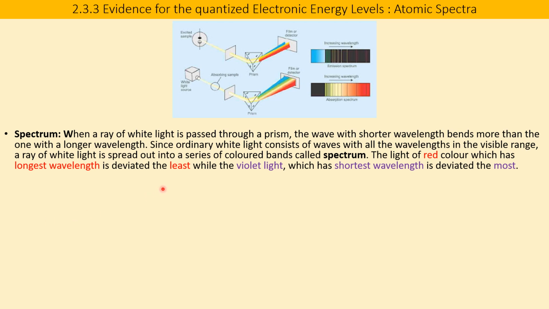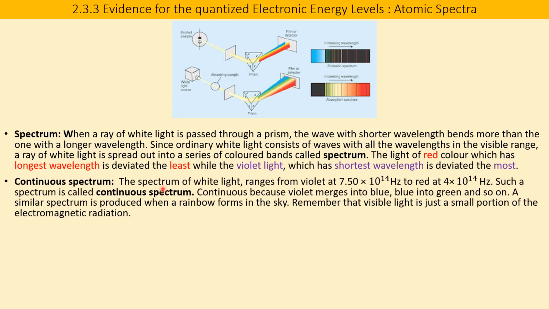The red light, which has the longest wavelength, is deviated the least, while the violet light, which has the shortest wavelength, is deviated the most.